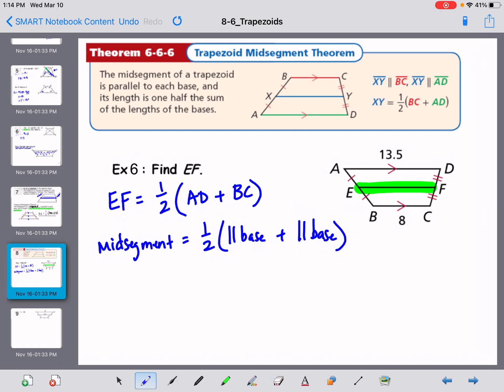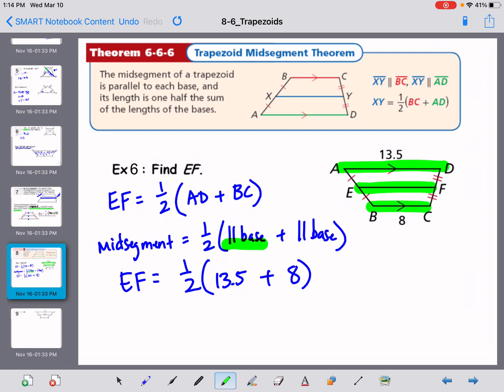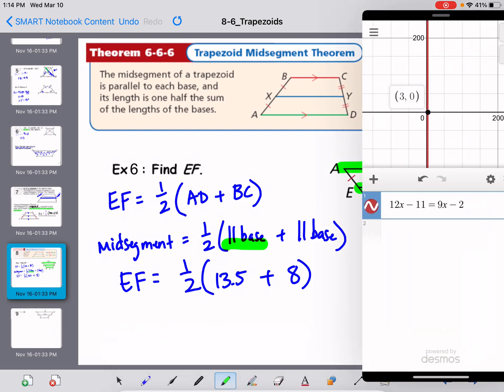So EF is what we're trying to find. It is 1/2 the parallel base, 13.5, plus the other base that's parallel, which is 8. Now I'm just going to type this in.